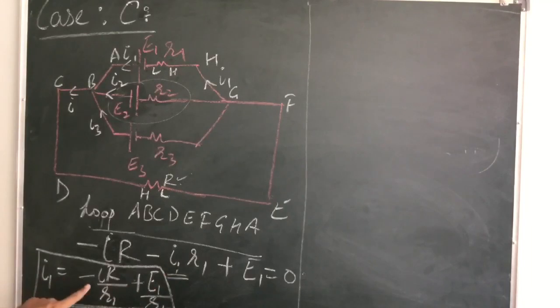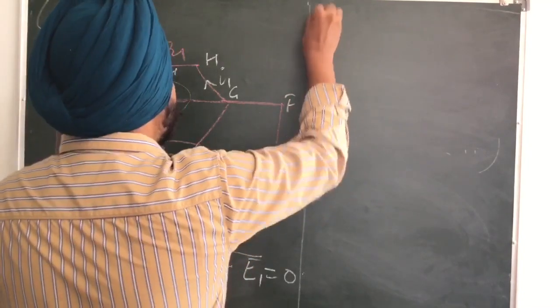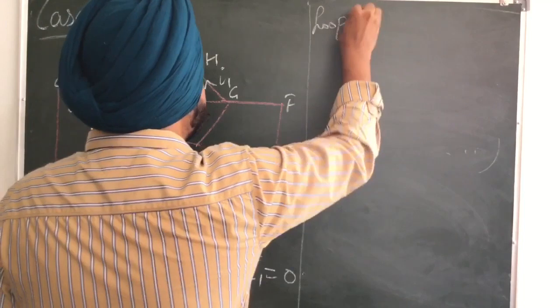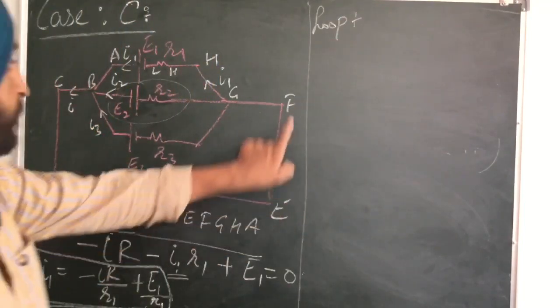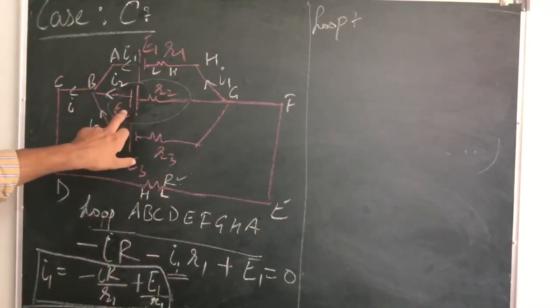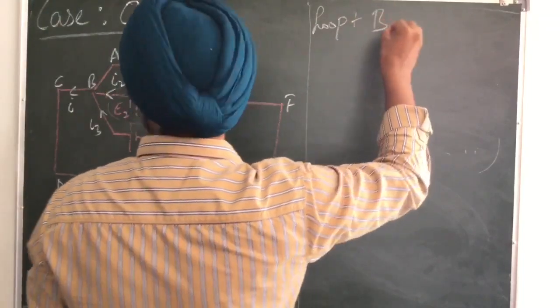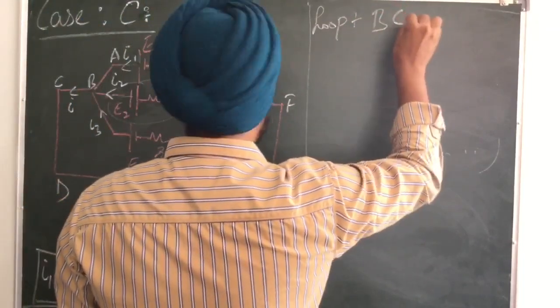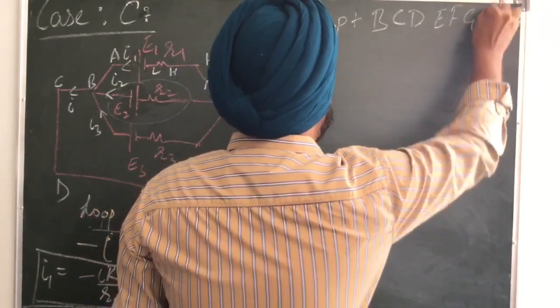So I1 is equal to minus I into capital R divided by R1 plus E1 by R1. Now we will be applying Kirchhoff's rule in loop B, C, D, E, F, G, B. So this is the central arm in which the battery is connected in opposite order. So our loop now will remain as B, C, D, E, F, G, B.